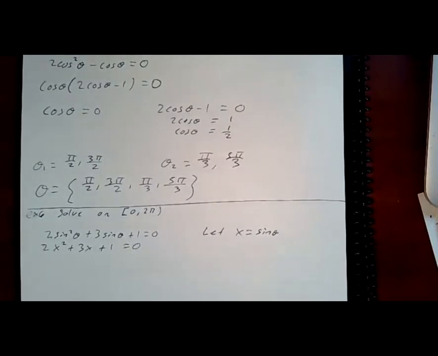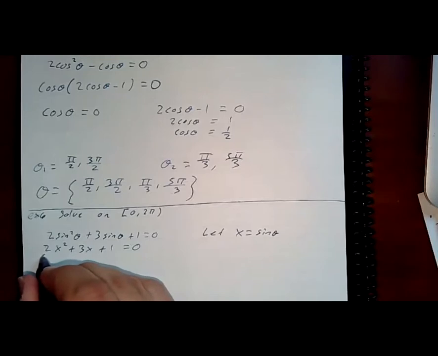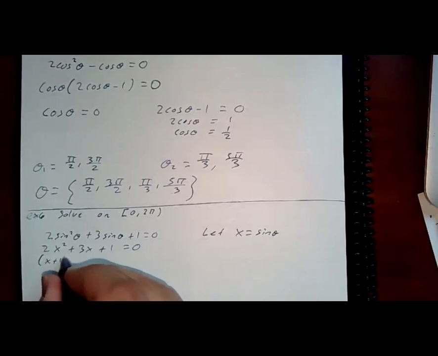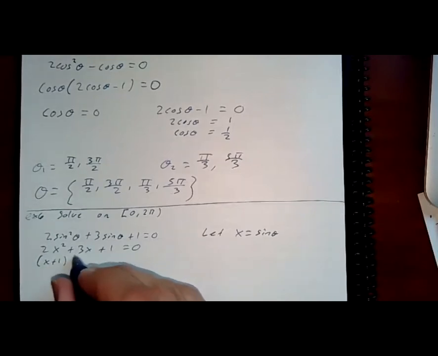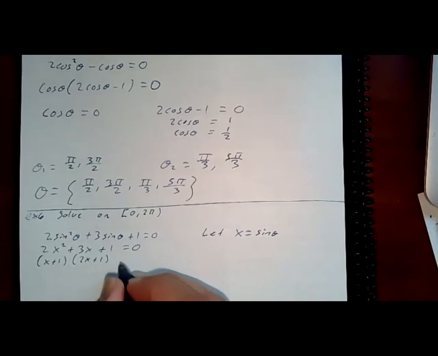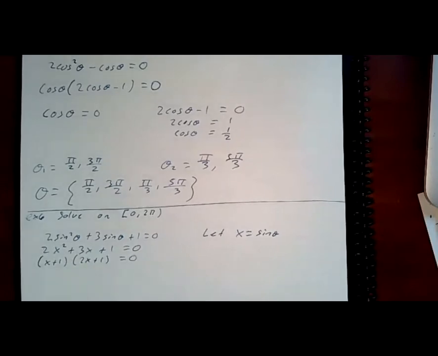You see what I mean? Replace each of these with x, and you have a basic quadratic equation. Just factor this using whatever method you want, and you're going to get x plus 1, 2x plus 1. But it's not x, so you have to bring it back to sine.